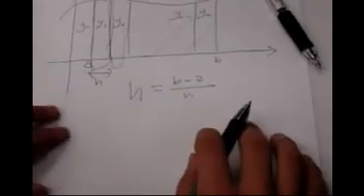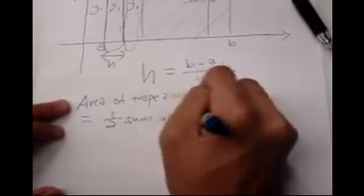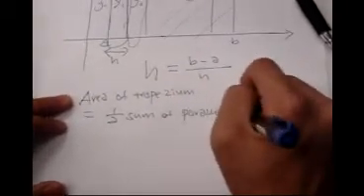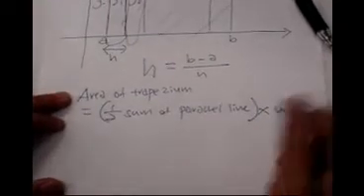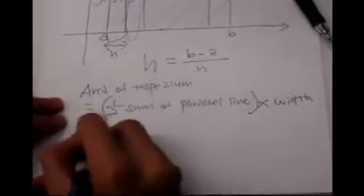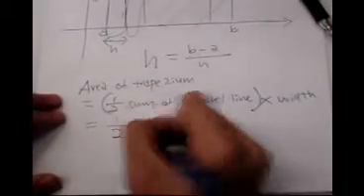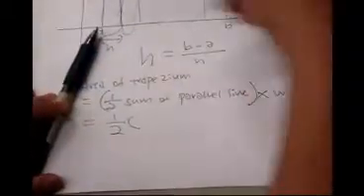As we learned before, the area of one trapezium is half the sum of parallel lines multiplied by the width.